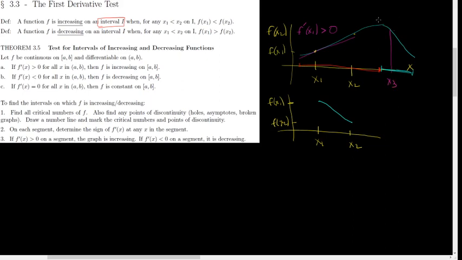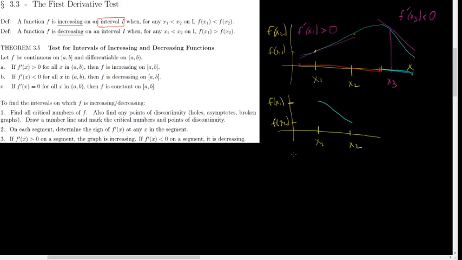Then if we take the tangent line at that point, the derivative will be the slope of the tangent line, and that would be negative, less than 0. So if the derivative is negative on an interval, we can say that it's going to be decreasing on that interval. Make sense?